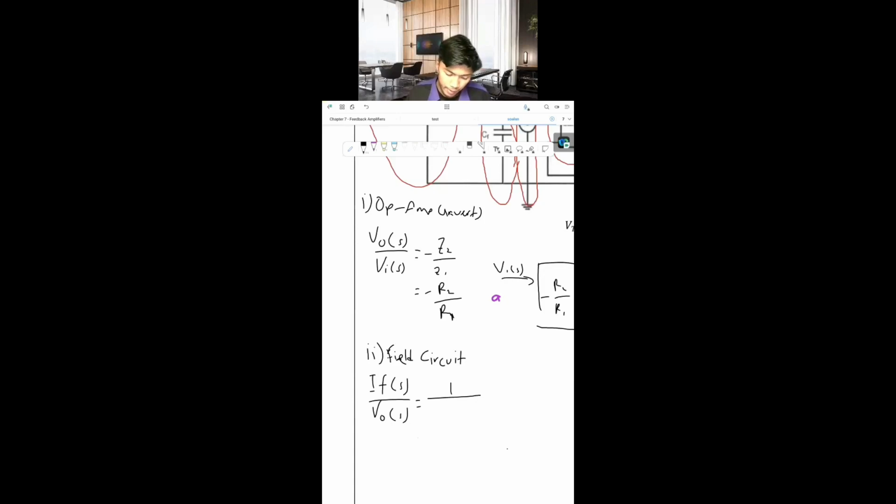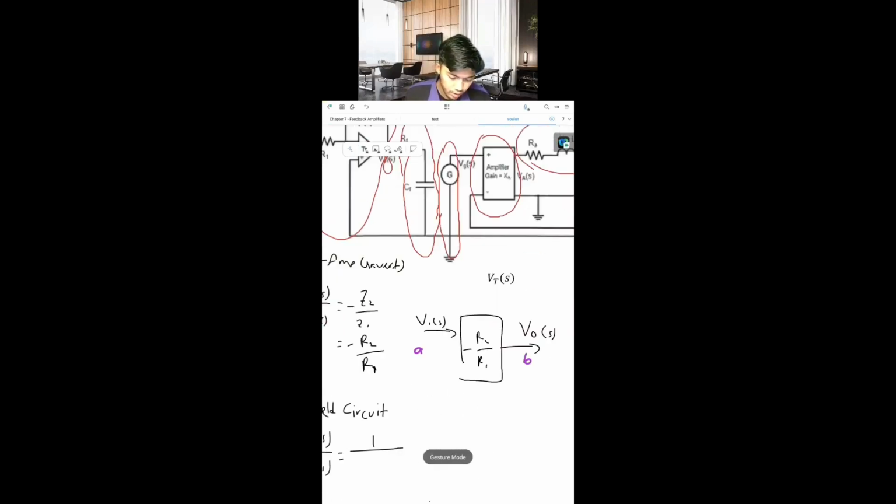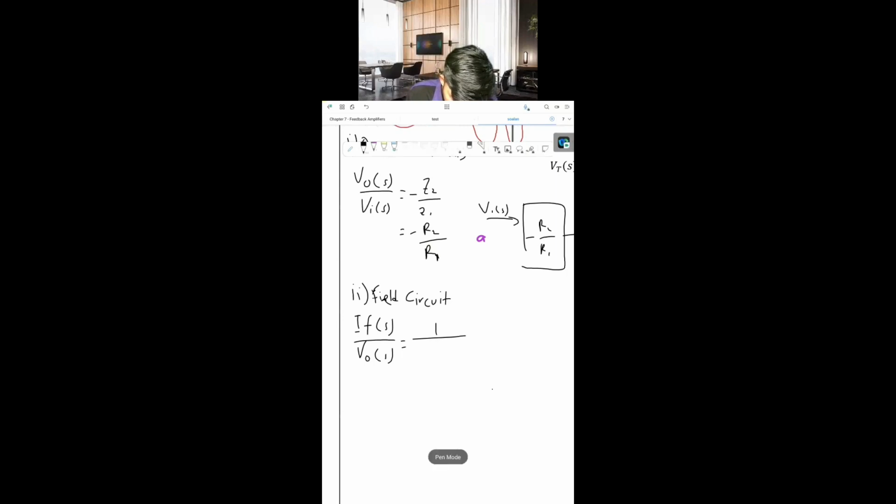Okay, and here we have R and C. In S domain, R we write down as RF plus 1 over CFS.